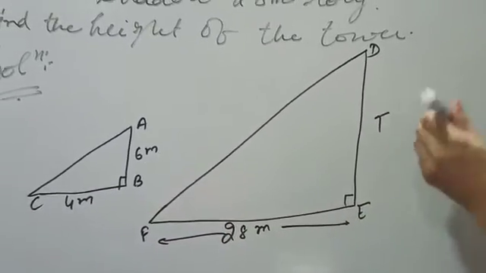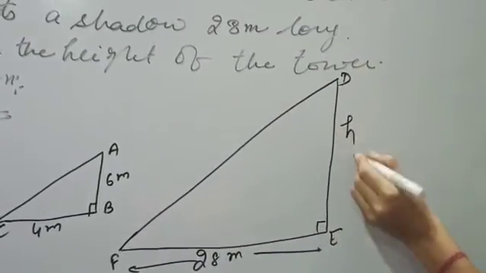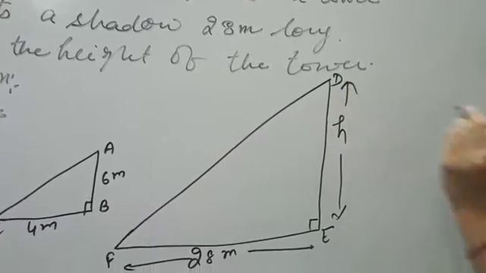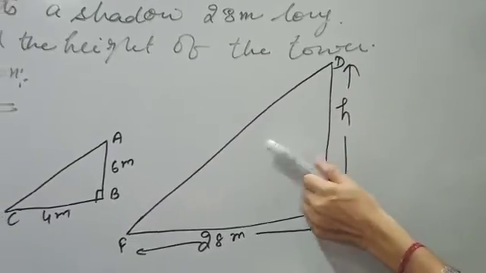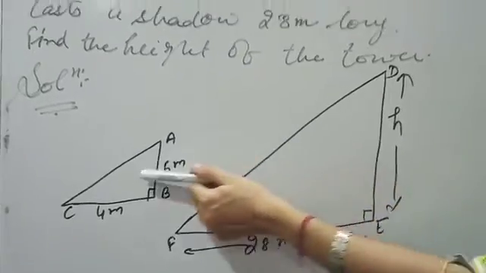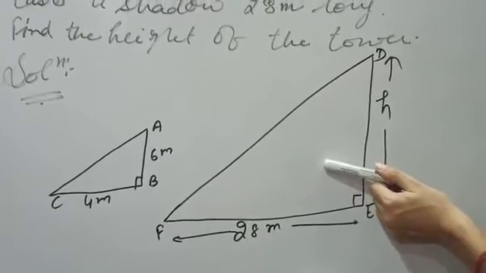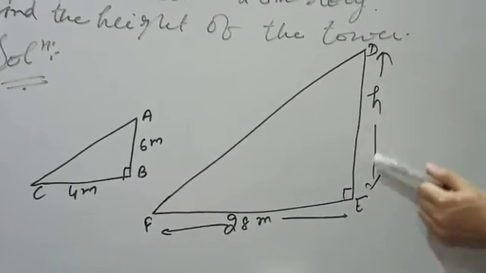Now they are saying find the height of the tower, that is DE; we have to find how much the length of DE is. As we can see, these two triangles are of the same shape, and if we prove that these two triangles are similar, their ratios will be equal. Then by ratio we can find the DE value.